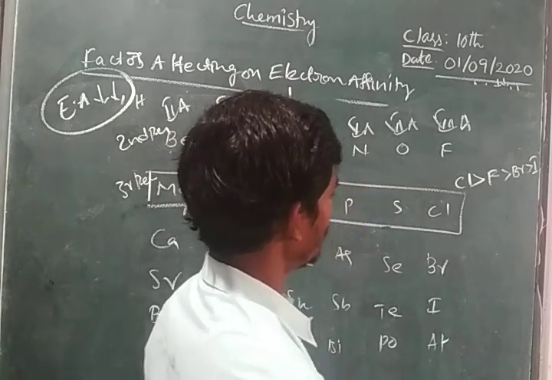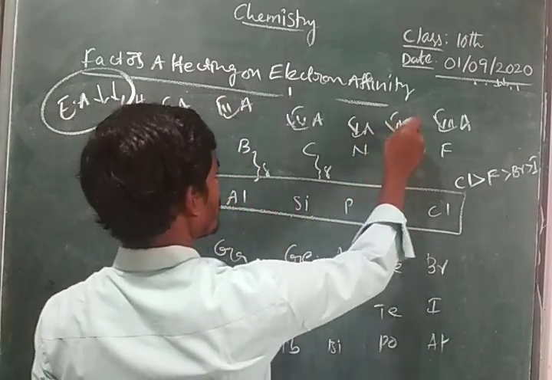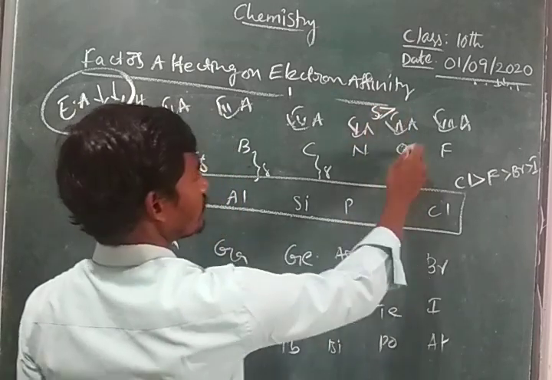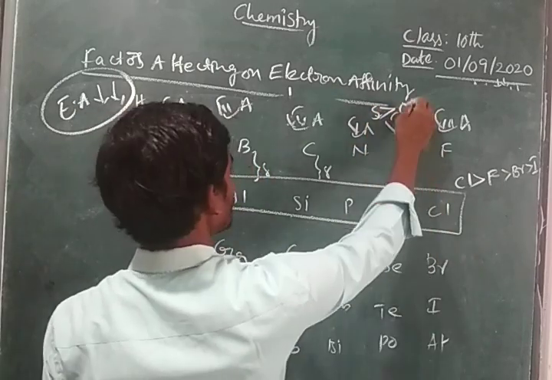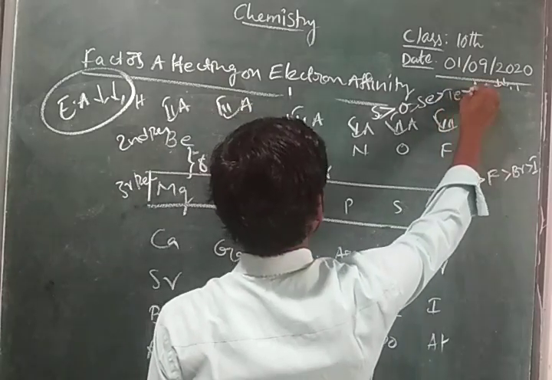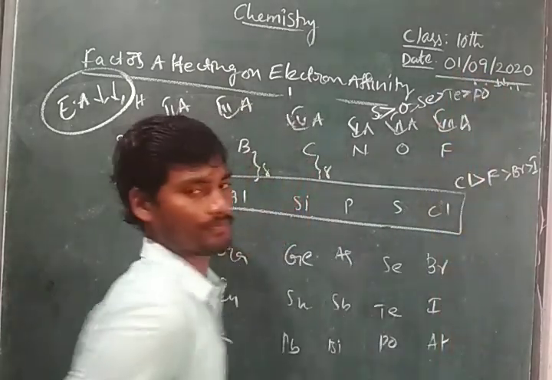See here, oxygen. In case of 6A group elements, sulfur has more electron affinity than oxygen, then selenium, then tellurium, lastly polonium.